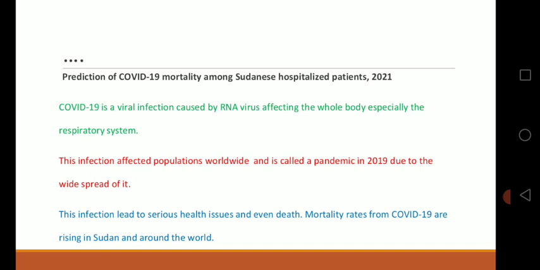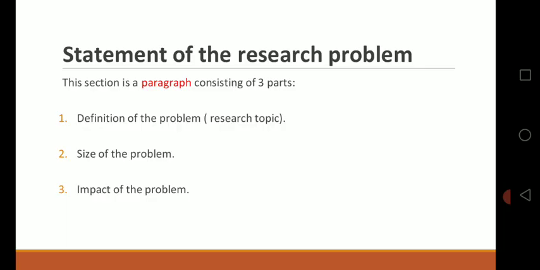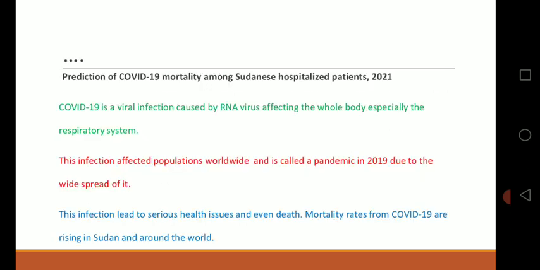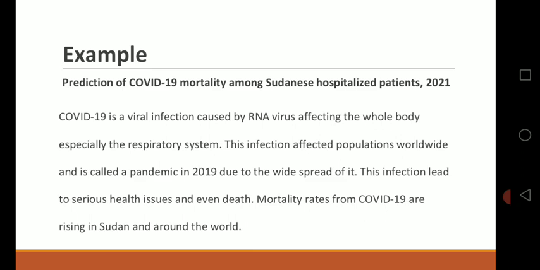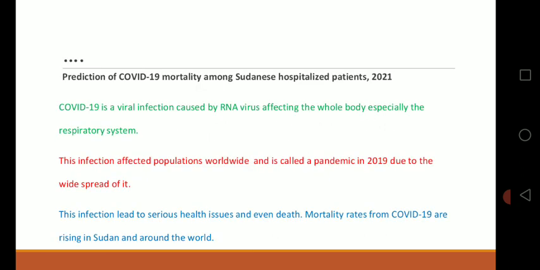We said that we include 3 parts in the statement of the research problem in order to properly formulate this paragraph. Okay, let us go back and see the first part, which was required: the definition of the problem. In this statement we started by defining the COVID-19 infection.